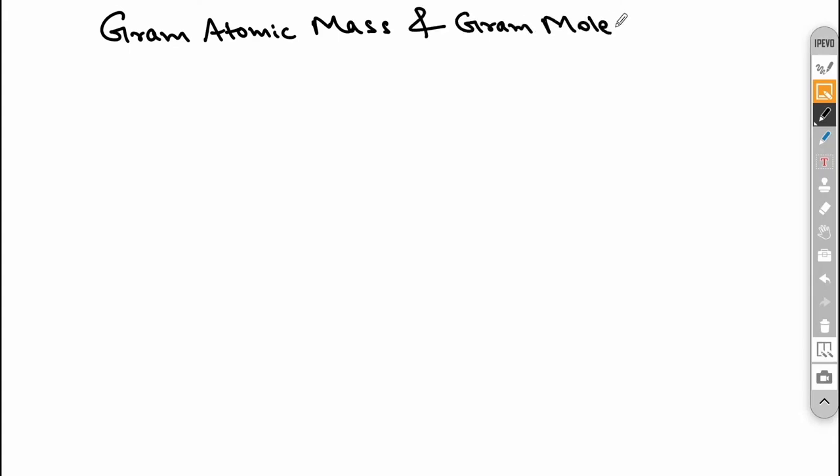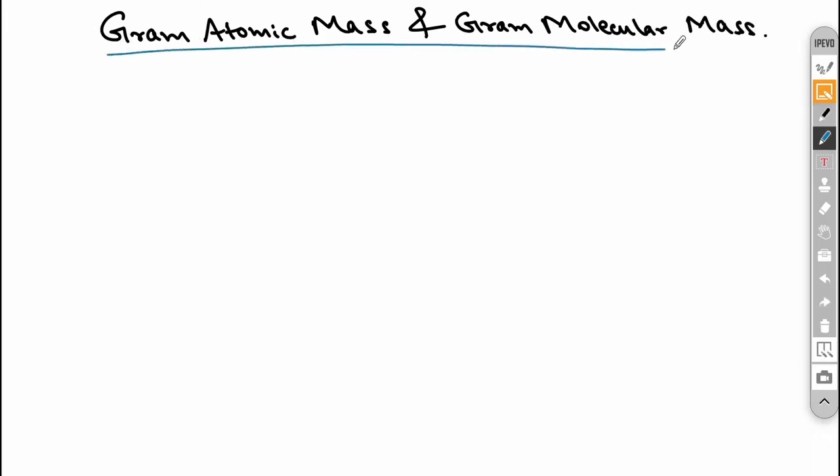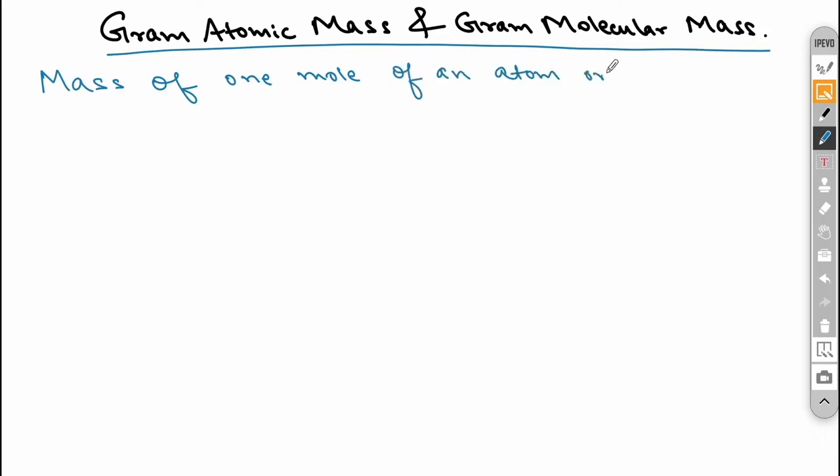Now moving further, we'll talk about gram atomic mass and gram molecular mass. GAM, gram atomic mass, and GMM, gram molecular mass. So we'll discuss the definition first. We'll write that the mass of 1 mole of an atom or molecule is called gram atomic mass, GAM, and gram molecular mass, GMM, respectively.